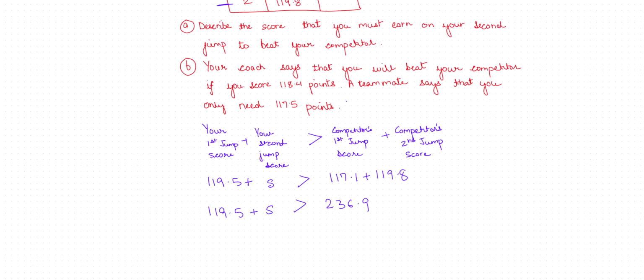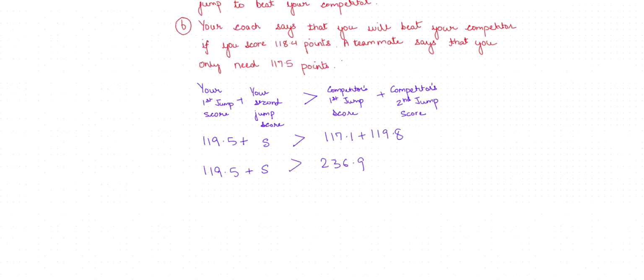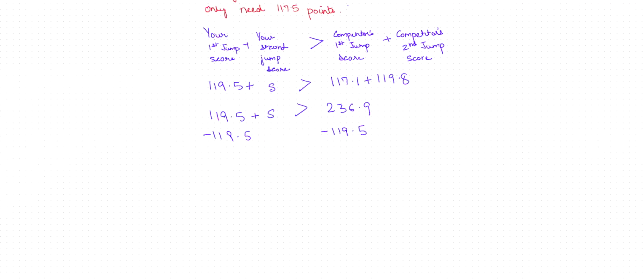Now subtracting 119.5 from both sides using the subtraction property of inequality, this gives 0 plus S is greater than 117.4.